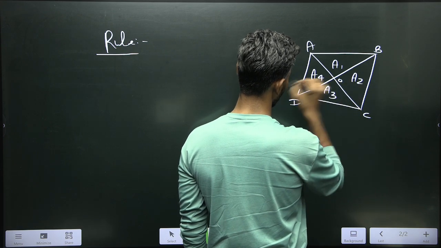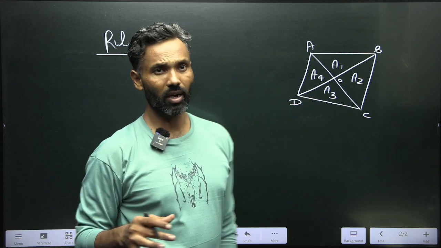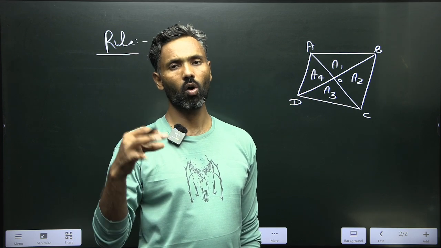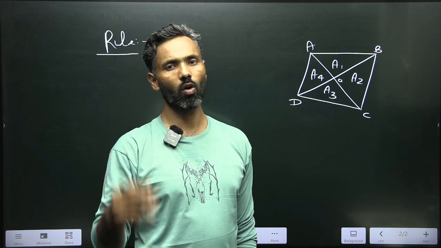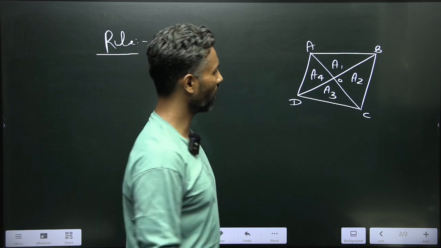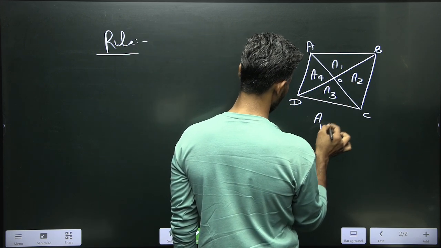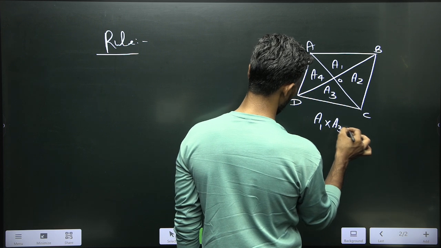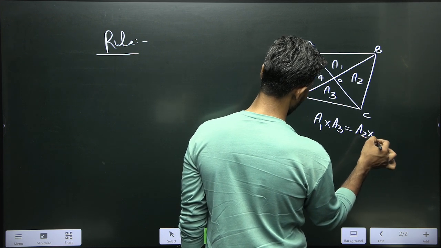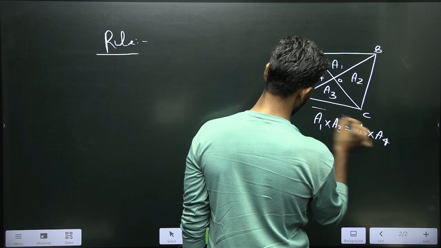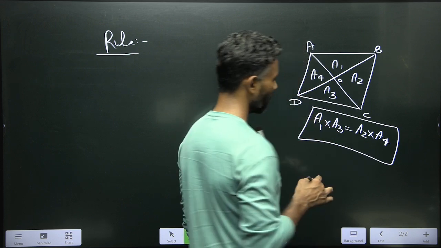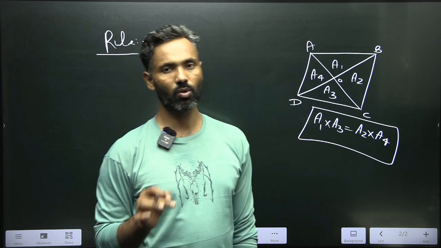The rule says that the product of the areas of opposite triangles will be equal. That means A1 multiplied by A3 will be equal to A2 multiplied by A4. This rule is quite important. What kind of question can be asked on this?